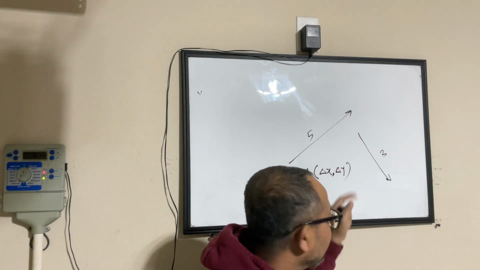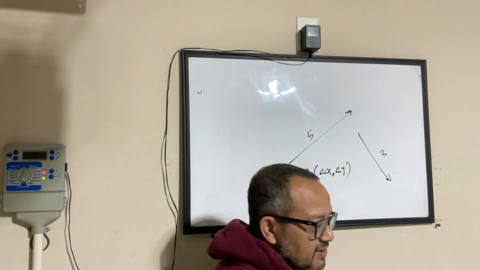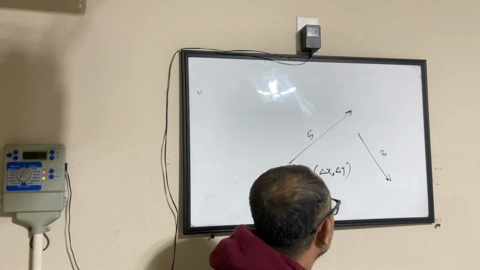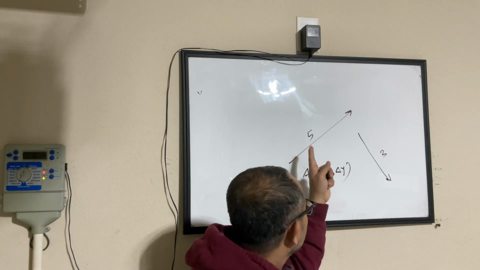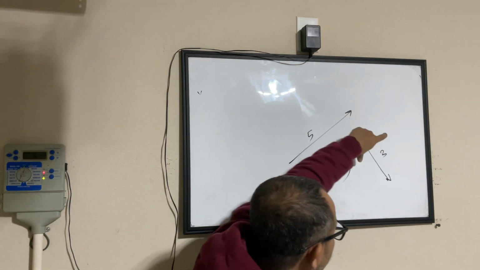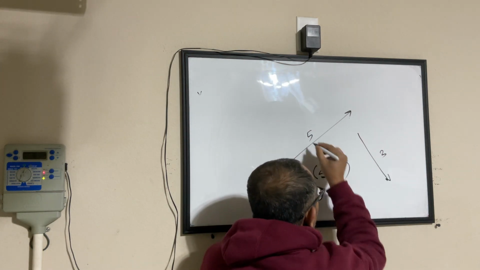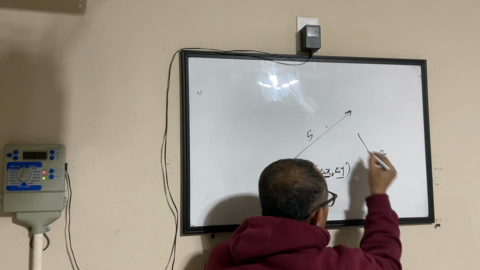The x and y components together give you the magnitude as well as direction when you plot or visualize this in a coordinate plane. So now when you talk about adding vector A and vector B, what you're essentially talking about is adding the x components of both the vectors and adding the y components of both the vectors.